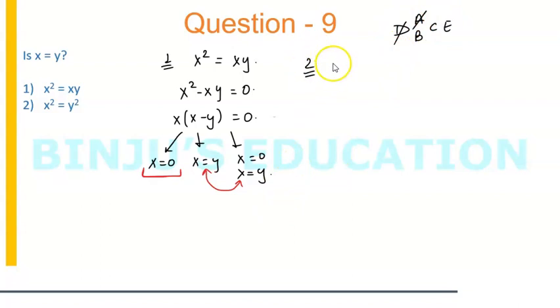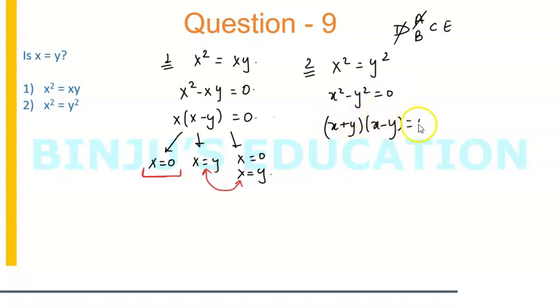Second one, x square is equal to y square. We know the conclusion for this, that is mod x is equal to mod y. Or let's suppose you do not know this, let's solve this out, no problem. Subtract y square on both the sides, so x square minus y square is 0. So x plus y into x minus y is equal to 0.